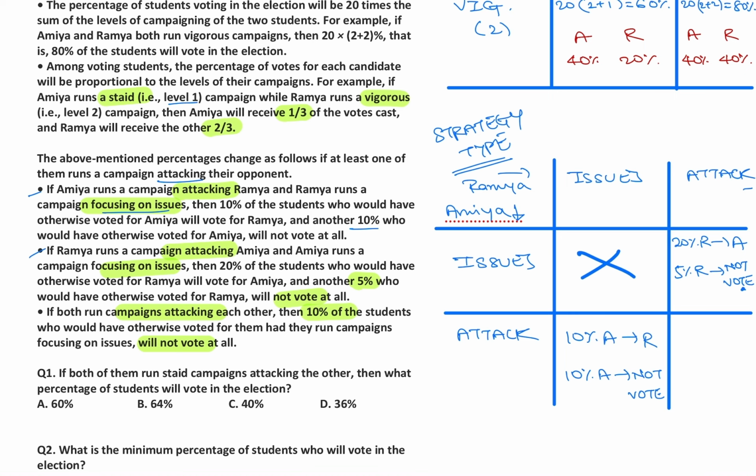If both campaigns are attacking each other, this is the last data that I have to fill. Then 10% of the students who would have voted otherwise, had their own campaigns been focusing on issues, will now not vote at all. So 10% of Amya as well as 10% of Ramya will now not vote at all.